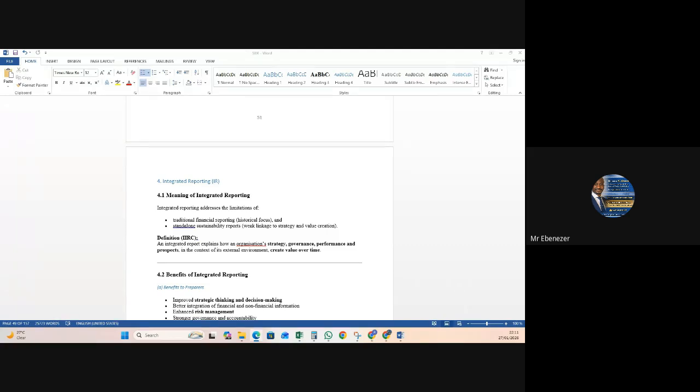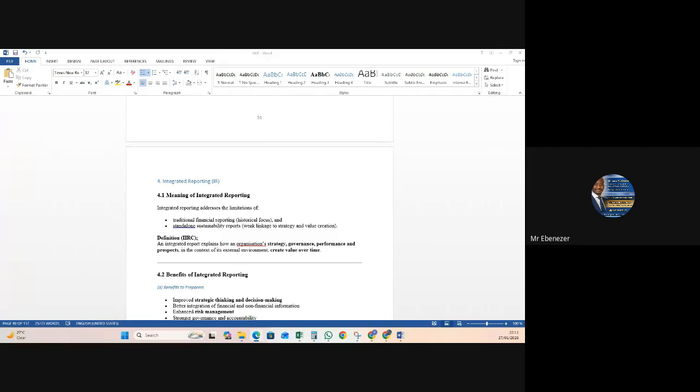It is the environment that the entity cannot control. Yes, the environment the entity cannot control. So what is your impact on this external environment, and how do you create value over time? So that's what we have there.